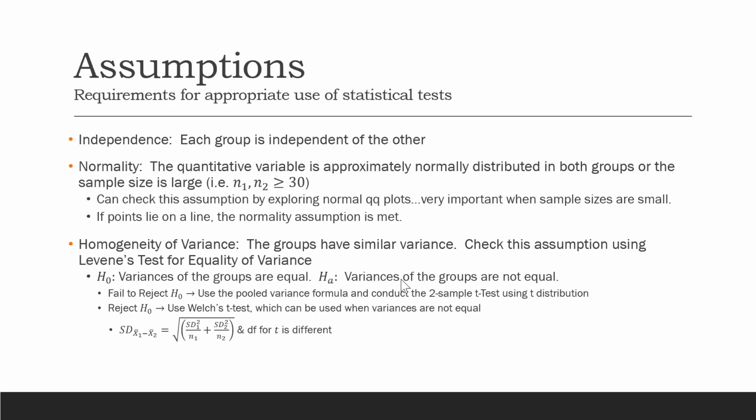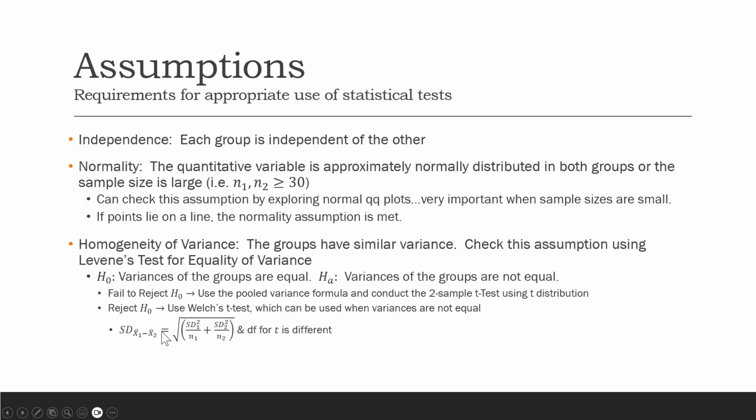Although we're not able to use it, there is an alternative, created by a statistician whose last name is Welch. We can use Welch's t-test in this case. So whenever I fail to satisfy the homogeneity of variance, I'm going to use Welch's t-test instead of the Student t-test.